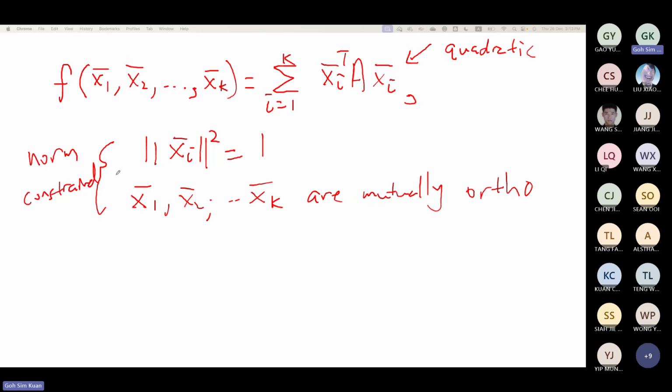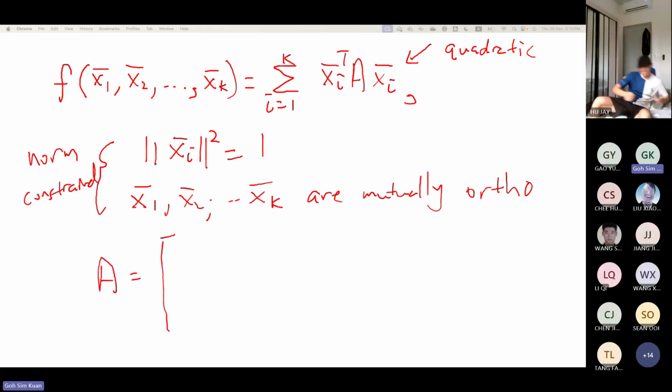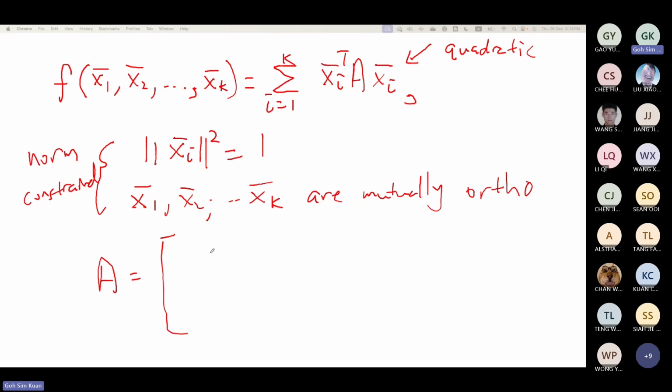Okay, let's say in the exam, the A is given to you. I'm just writing random values here, let's say 0.5, 0.2, 0.1, 0.9.